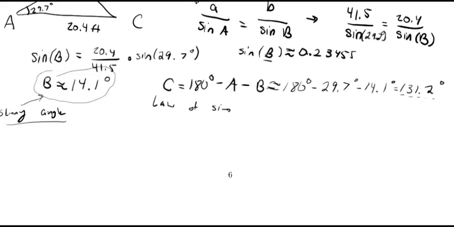So I'm going to put my unknown c right here over the sine of the angle I just found, 131.2 degrees, equals the other side, my side a, which is 41.5 feet, over sine of my angle for a, 29.7 degrees.